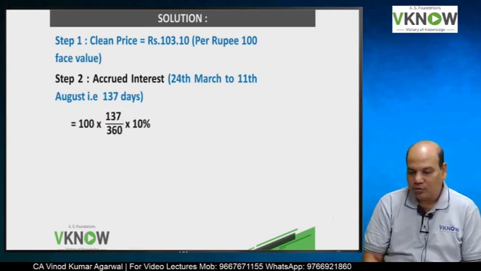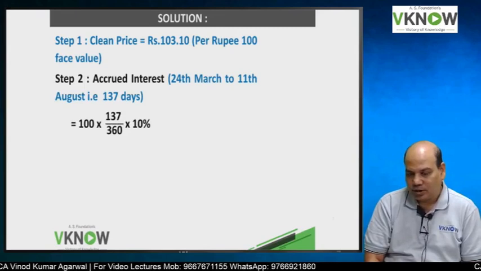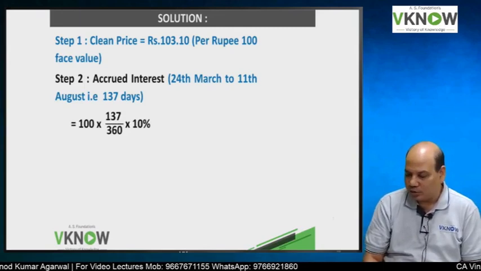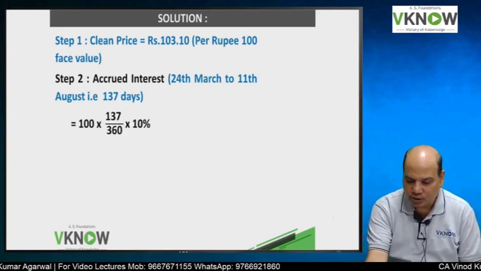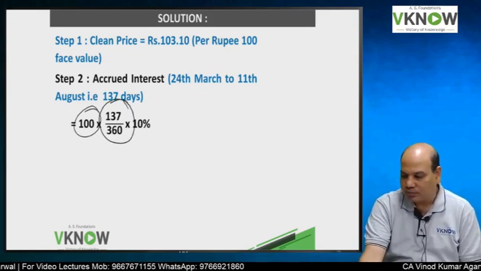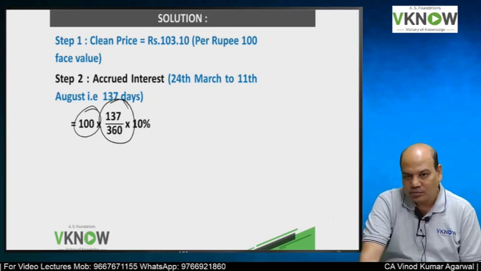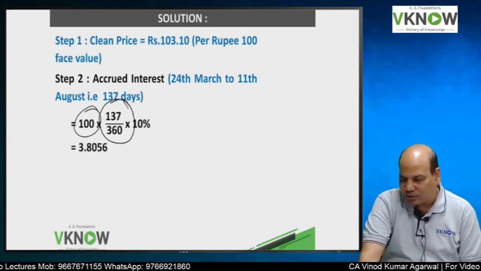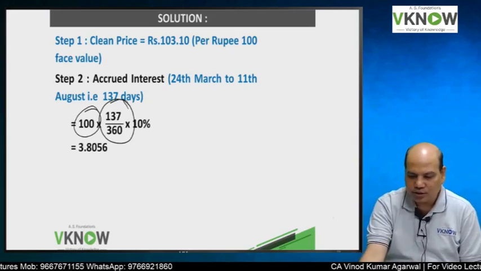So you will calculate interest on face value 100 rupees. Interest, coupon rate, will always be calculated on face value. Is the days not matching? Later on check as homework. And if it is not matching, change the answer. Let us first move ahead.